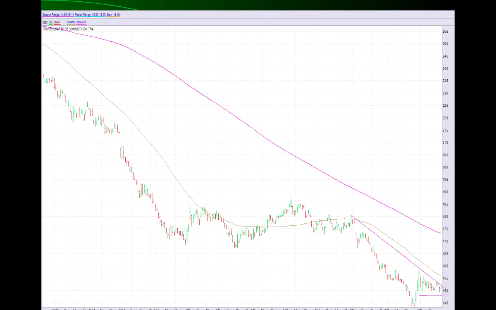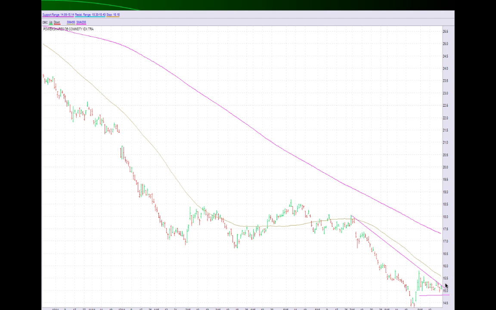Okay, so the next one we're going to look at briefly is an ETF, the symbol is DBC. This is the PowerShares Commodity Index. It's heavily weighted in crude oil, heating oil, gasoline, gold, silver, copper, corn, wheat, sugar. As you can see over here, this has been in a downtrend. We can't even get above the 50-day moving average.